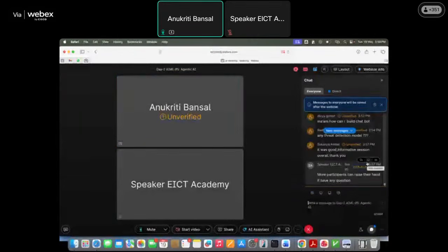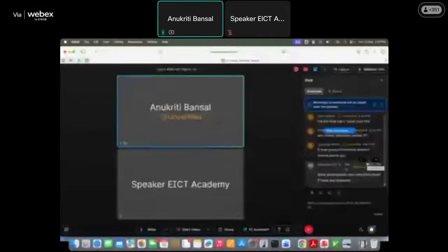But we don't have any specific large language model or multimodal model which can directly be used for threat detection. You have to fine tune them, or provide some external examples, tools or APIs, and then it can be used for threat detection. But directly, no.